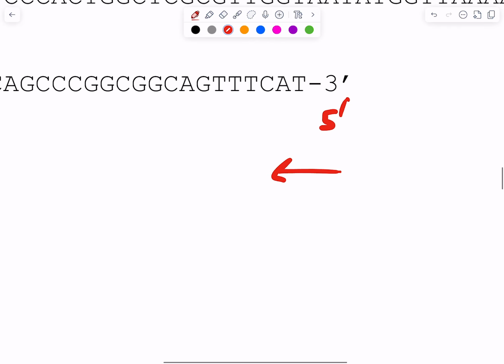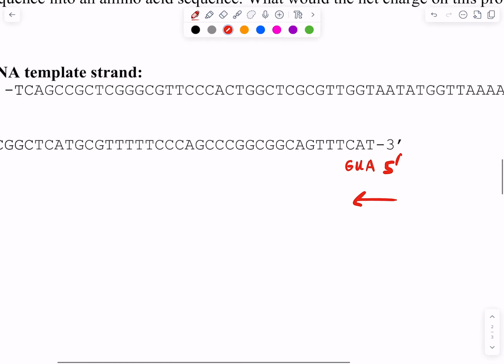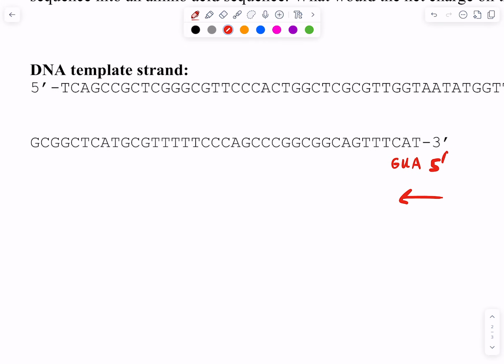For fun, convince yourself that the first 3 letters are a start codon, AUG, and the last 3 letters are a stop codon, UGA.